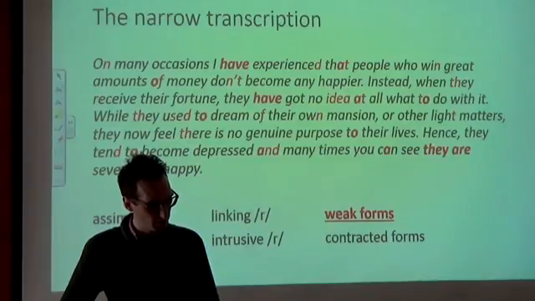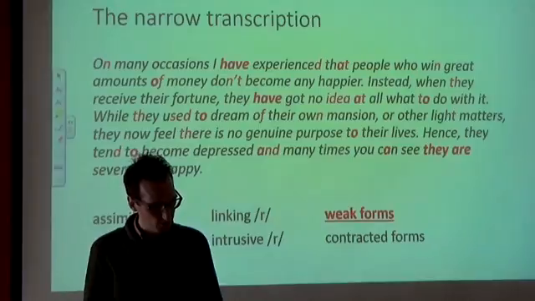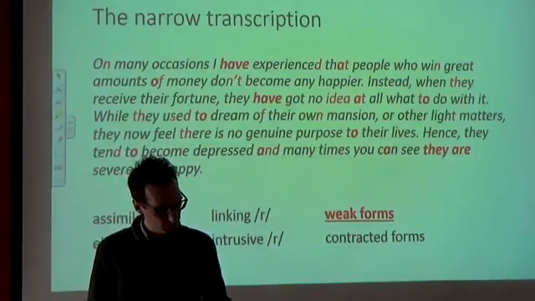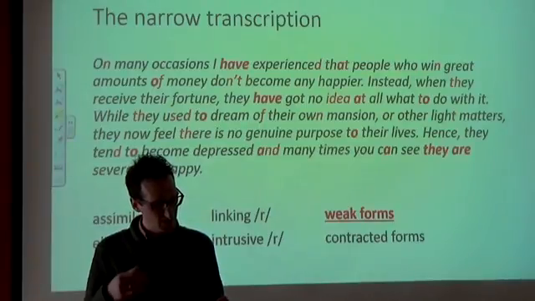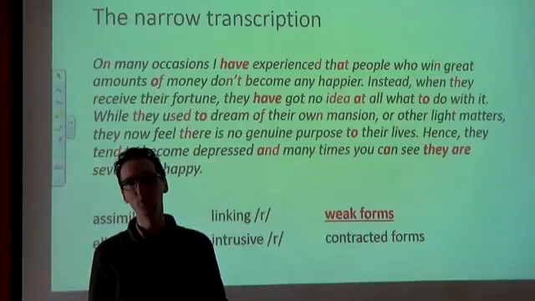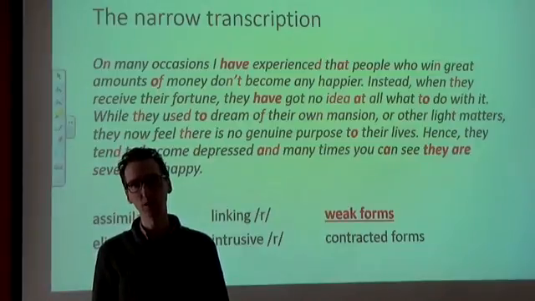So here we have 1, 2, 3, 4, 5, 6, 7, 8, 9, 10, 11, 12. Already 12 examples of contracted forms and weak forms.